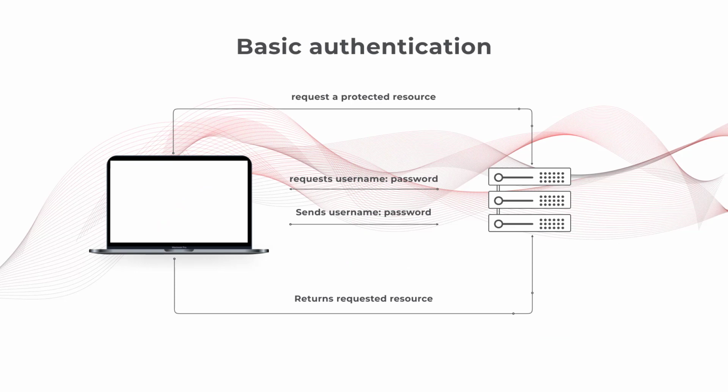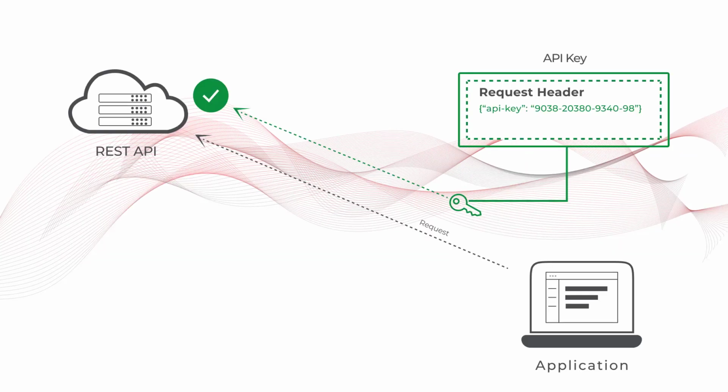The simplest way to handle authentication is through the use of HTTP basic authentication, where the username and password are sent alongside every API call. You can use an HTTP header and encode the username and password. Another is API key authentication.